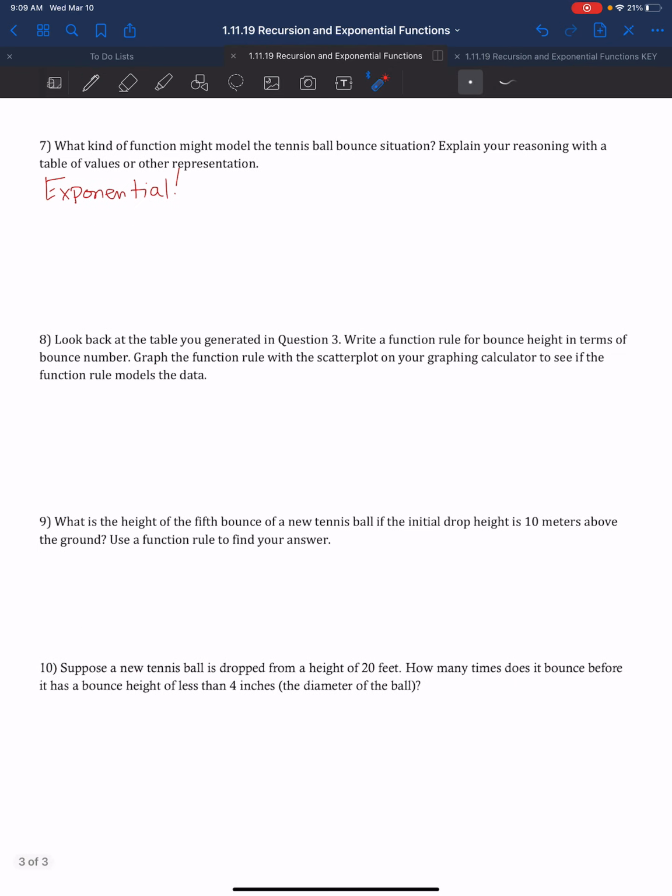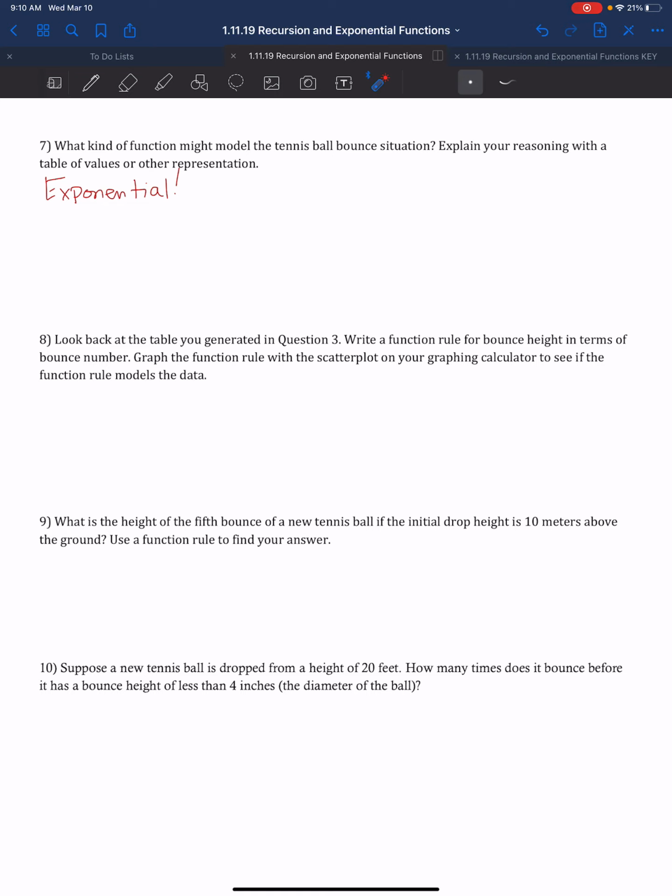Okay? Linear functions follow a constant. So it might change from 5 to 10, 10 to 15, 15 to 20. You are adding 5 every time. With an exponential, it's changing by a common ratio or percentage.